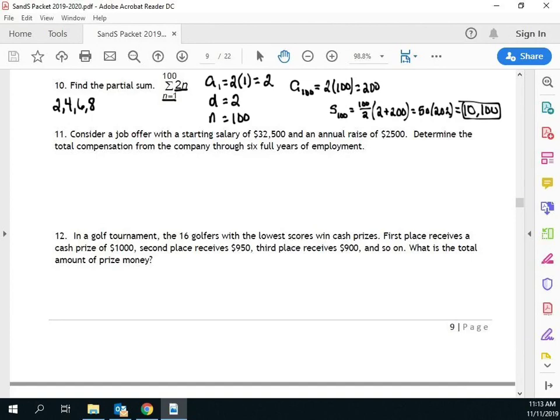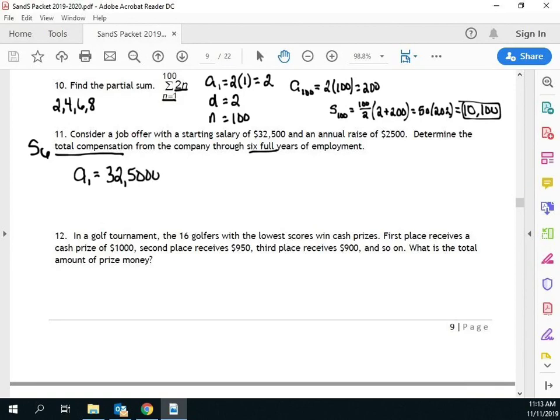So there you go. All right, so consider job offer, starting salary is this. So we go through and it says total compensation means we are looking for, and it says through 6 years. So we are looking for the summation up to 6. How much is he making his first year? $32,500.